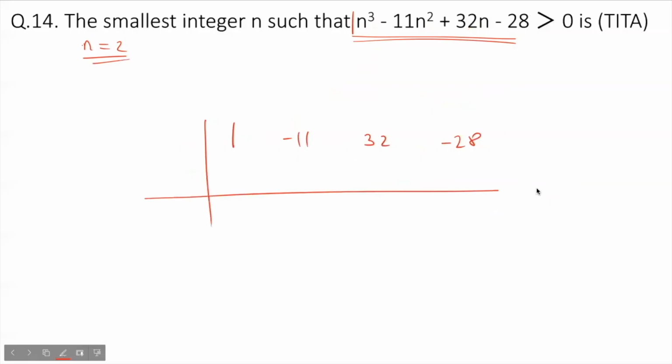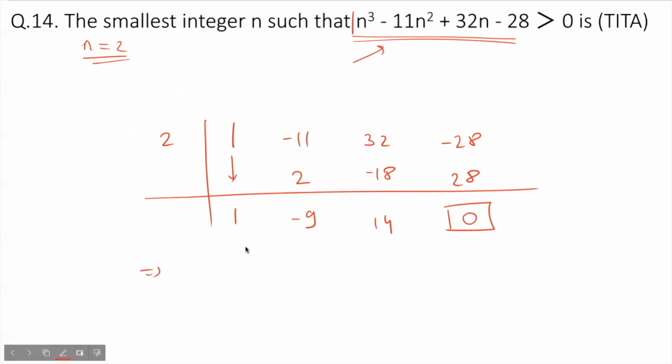And the root here is 2. So we take 1, then 1 into 2 is 2, minus 11 plus 2 is minus 9, minus 9 into 2 is minus 18, 32 minus 18 is 14, 14 into 2 is 28, minus 28 plus 28 is 0.